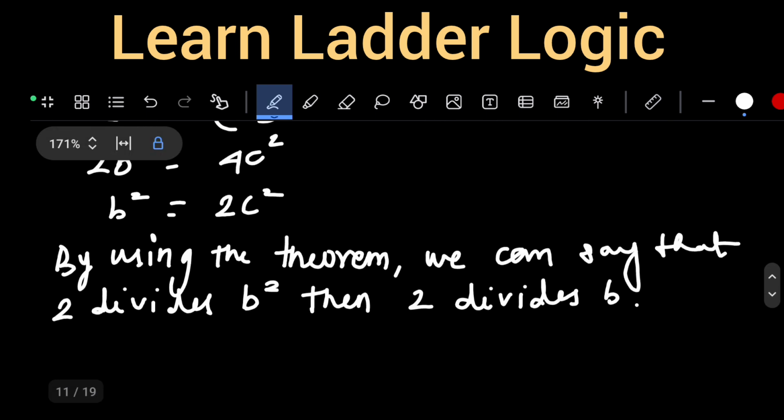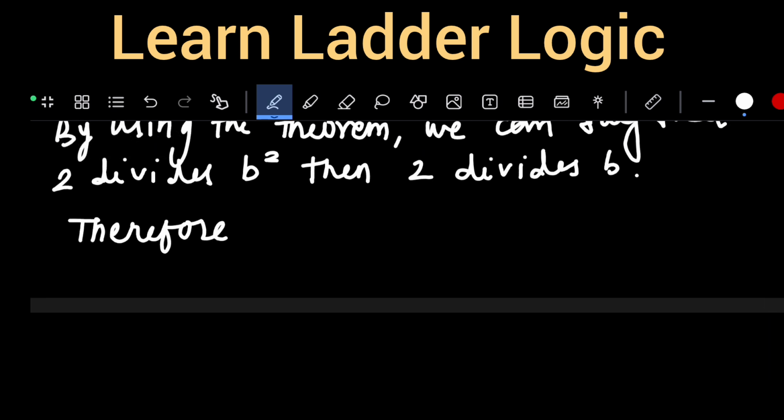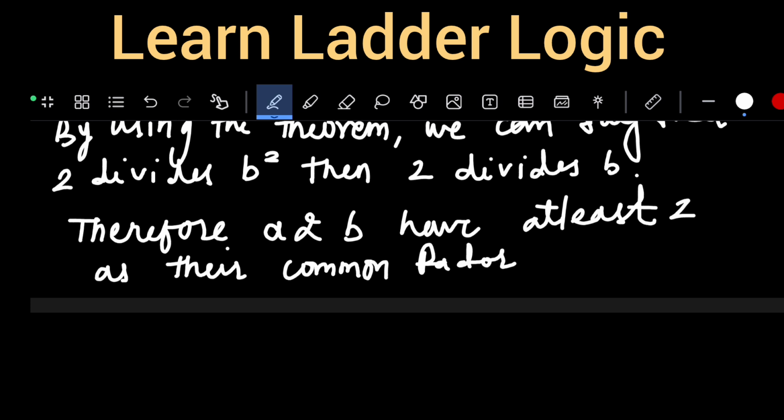So we can just conclude, therefore, a and b have at least 2 as their common factor. Correct? So this contradicts this.